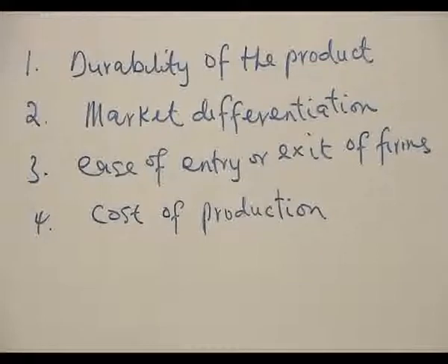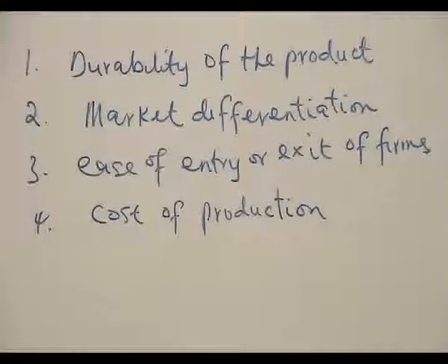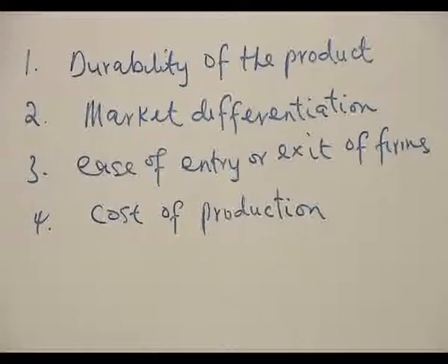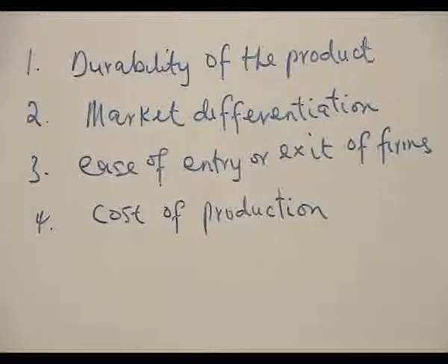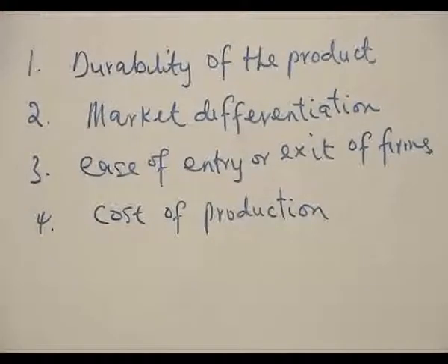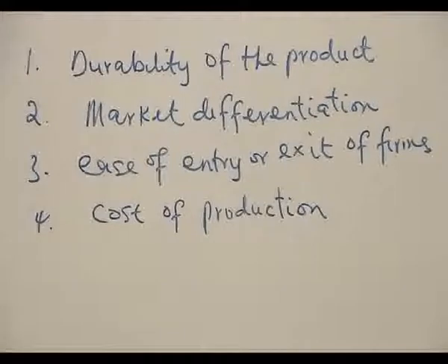That is, durability of the product tends to be elastic in nature. But if the product is perishable, then the elasticity will be inelastic, because the product cannot live for a longer period of time.